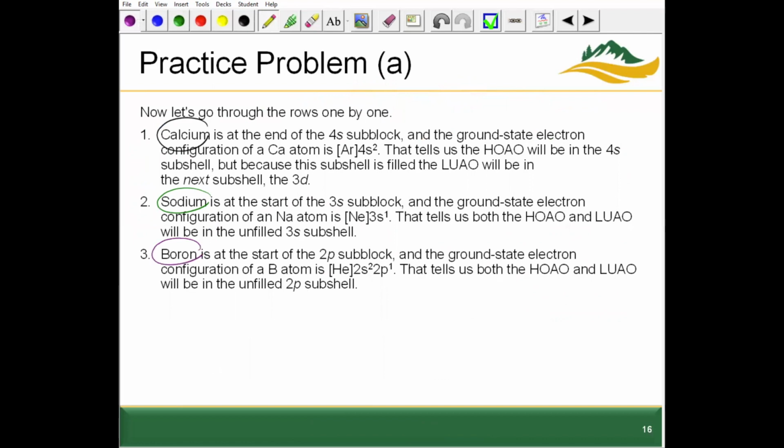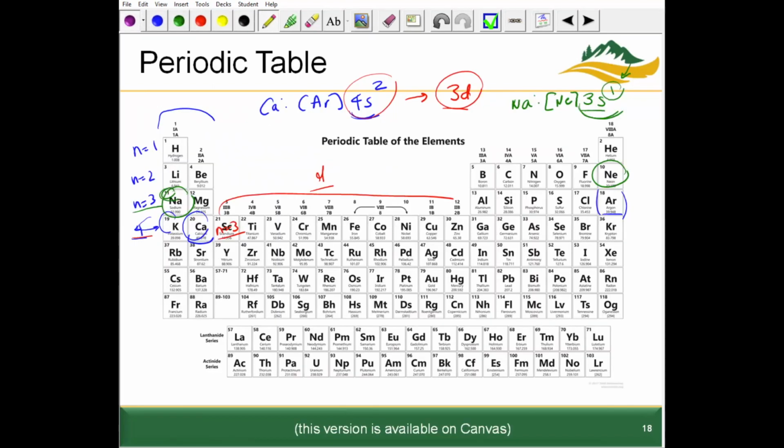Now let's look at boron. So boron is here, and we're in n equal 1, n equal 2 still for the p block. We follow that same numbering system. But when we get to D, that's when we start over with n equal 3. For a p block element, this is still n equal 2.